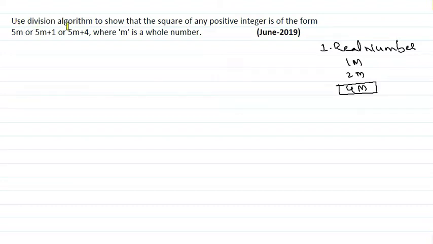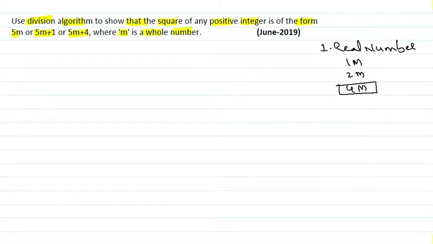Use division algorithm to show that the square of any positive integer is of the form 5m, or 5m plus 1, or 5m plus 4, where m is a whole number.